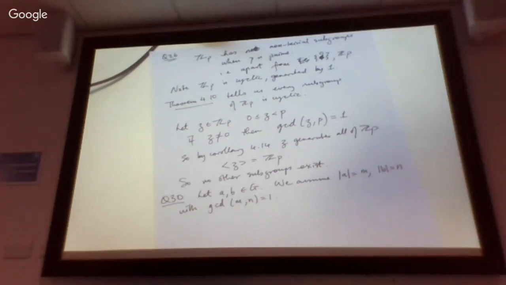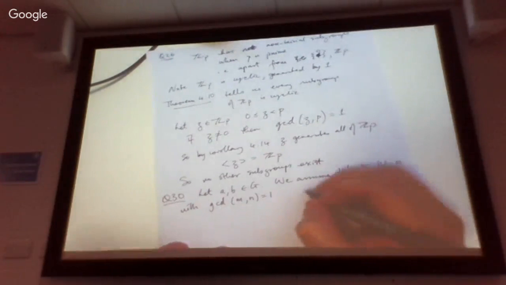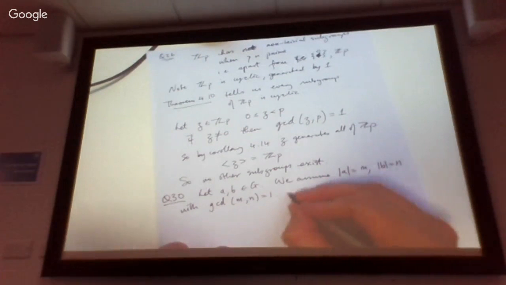Now, the whole thing is about cyclic groups. So we note that Z_P is cyclic. All the Z_Ns are cyclic. It's at least generated by 1.